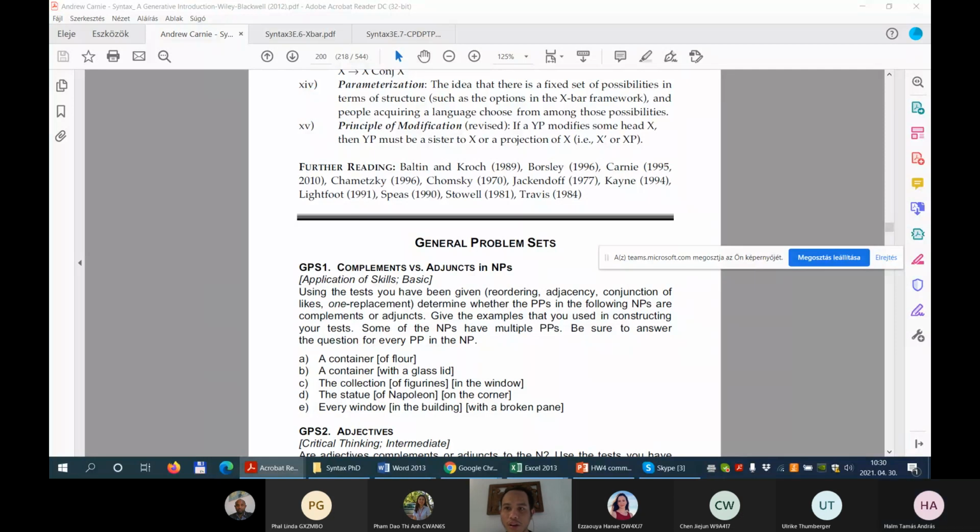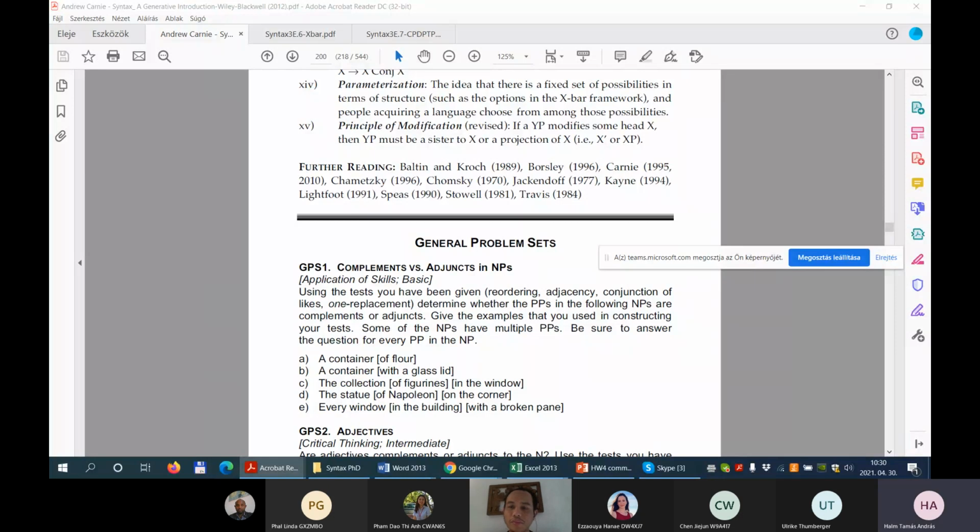Usually a complement comes before the head, and it's indicated by of. So usually it is a complement.